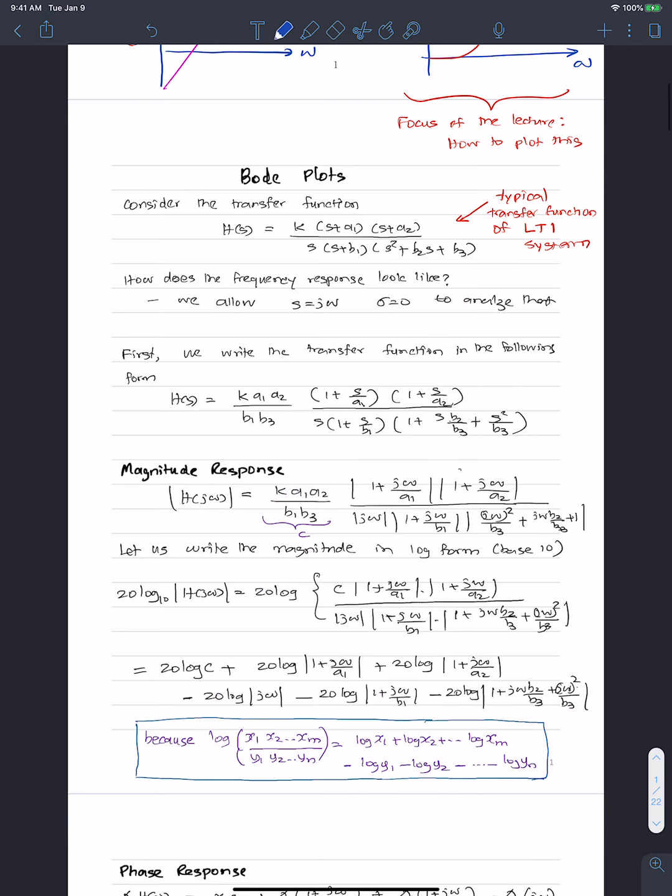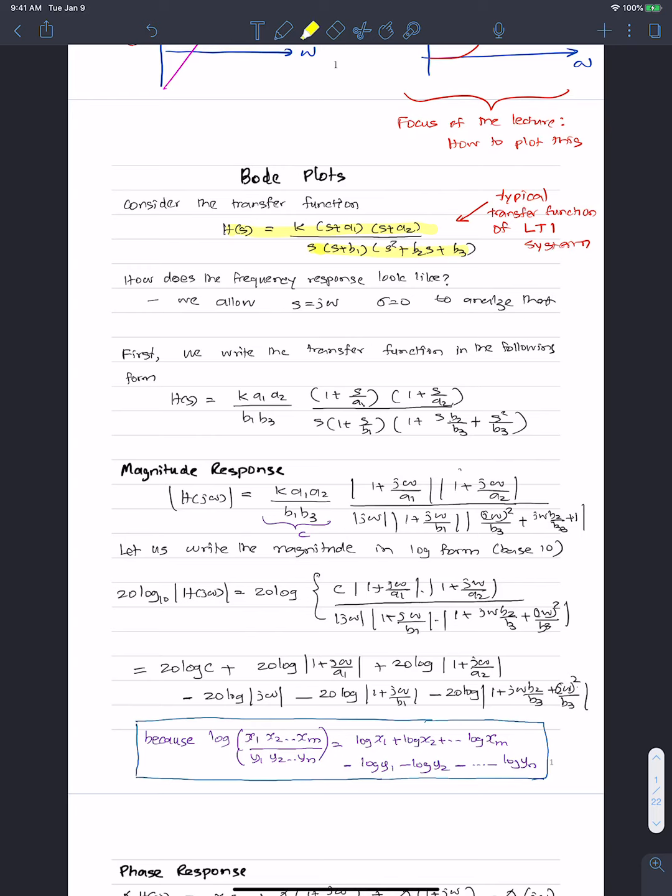For example, look at this function here, which I'm going to highlight. This is a typical transfer function. In the last lecture, this is in the Laplace domain, we took this type of transfer function and found the time response. This H(s) is actually the Laplace transform of the impulse response. To find the time response, we just find the inverse Laplace transform for a given input.